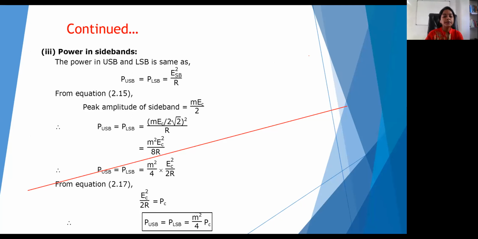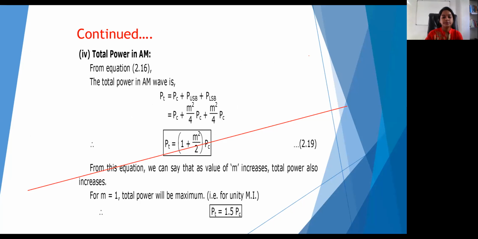So here we calculate the total power in amplitude modulated wave. Finally it is (1 plus m square by 2) times the power of carrier. If we have unity modulation index, the total power is 1.5 multiplied with the power of carrier.